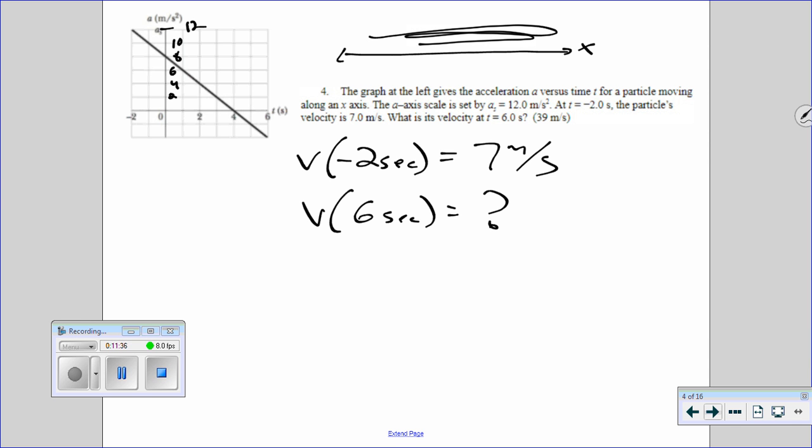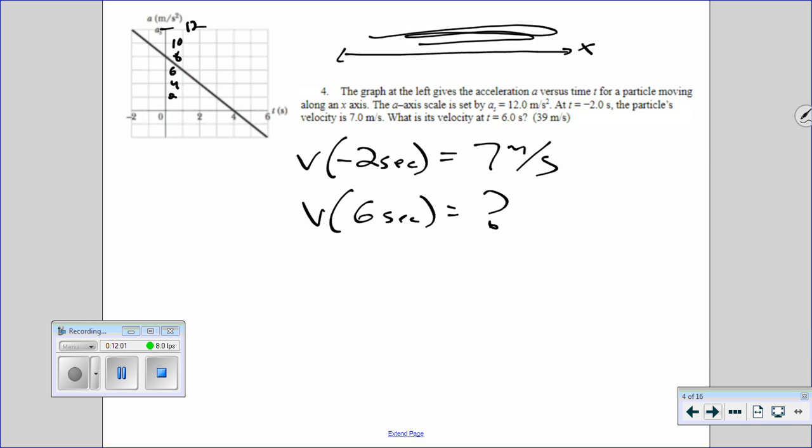Can I just read the graph? Can I just go over here to 6 seconds and figure out what this point is? That would give me the acceleration at that point, and that's not what I want. Everybody follow?